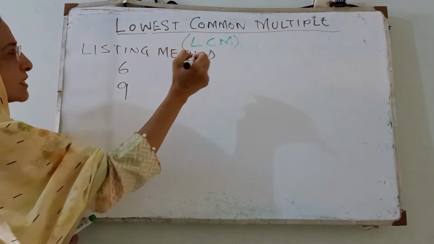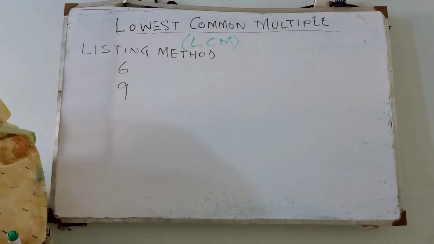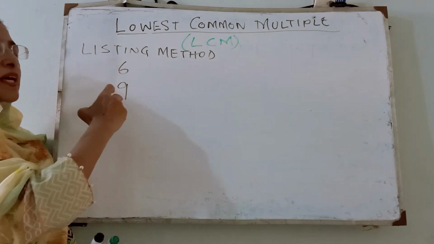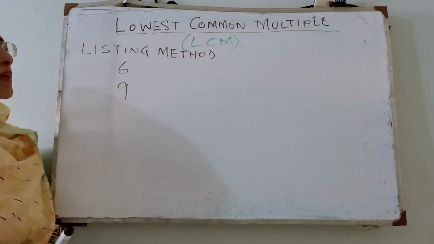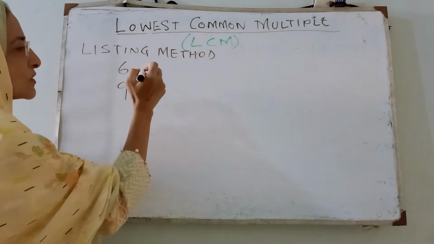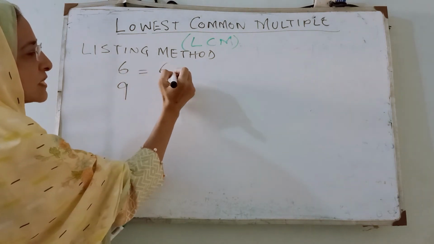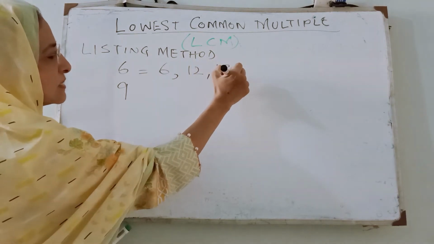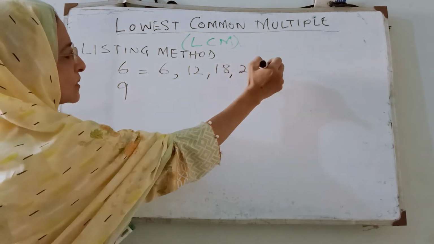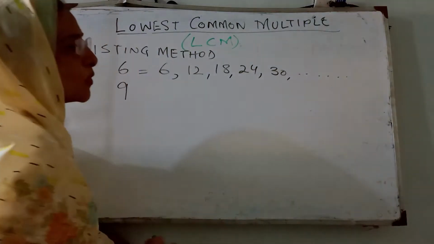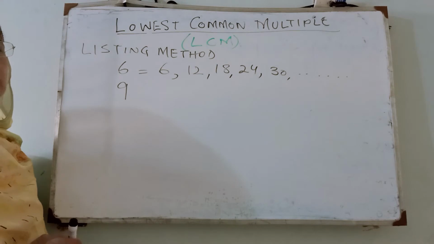In the listing method, I list down the multiples of 6 and 9 separately. When I say multiples, that means I write the table of 6. 6 ones are 6, 6 twos are 12, 6 threes are 18, 6 fours are 24, 6 fives are 30, and in this way we keep on writing the multiples of 6.